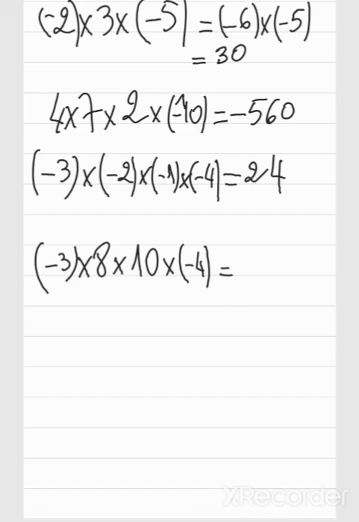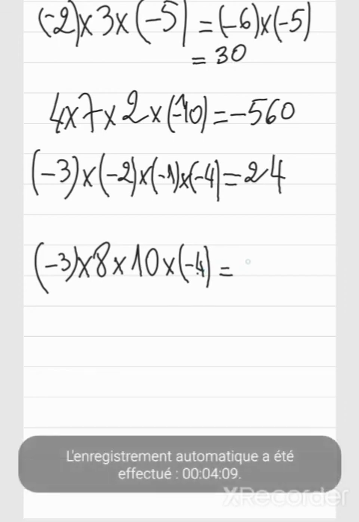Yep, we know that the product, or multiplication, is commutative, so we can change the order of the factors and it's not going to affect the result. So we can start with negative 3 times negative 4 and it's going to be positive, so the result is going to be positive. Here's 24. 24 times 8 is 192, and times 10 is 1920.